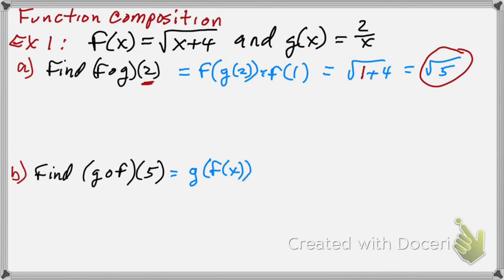Notice now I'm sending it to f first, and then f's output goes to g. So I'm looking at f, every place I see an x in f, right here, I'm going to put a 5, like that.